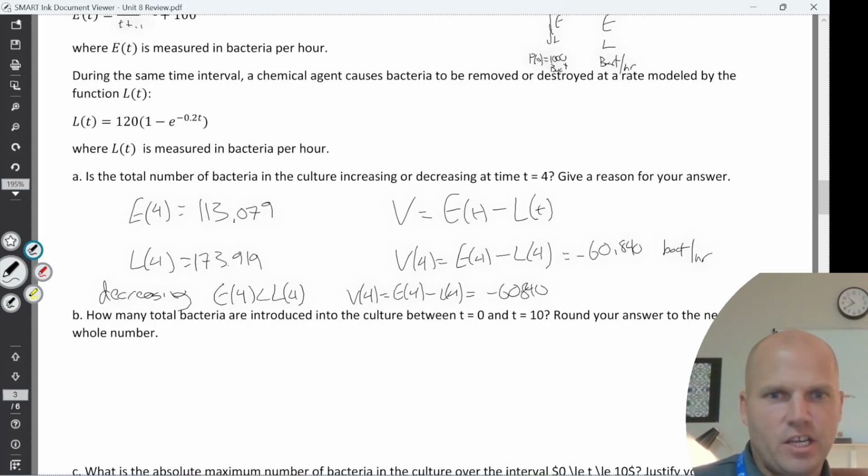How many total bacteria were introduced to the culture from 0 to 10? Total added is just going to be accumulating E to get the total bacteria.